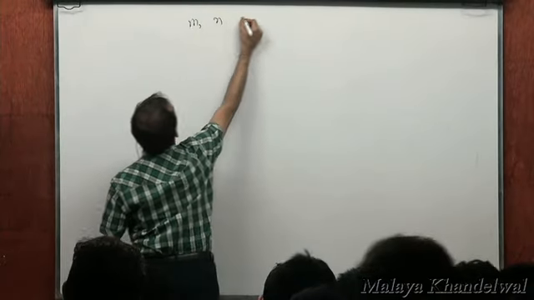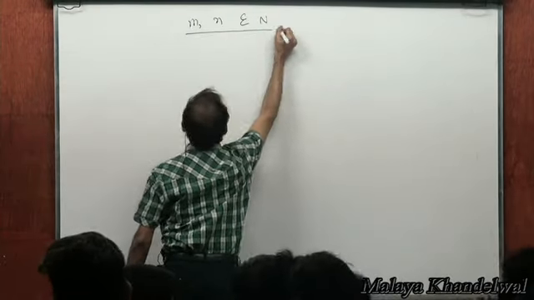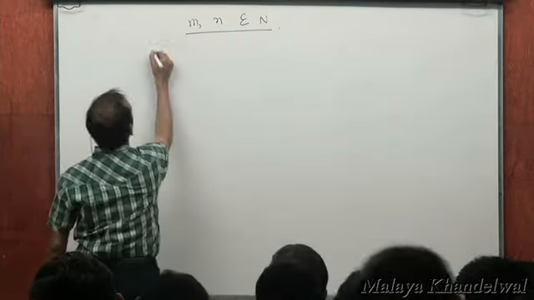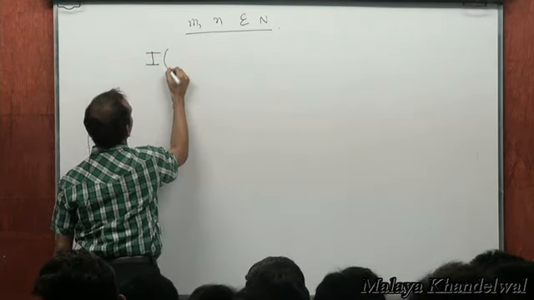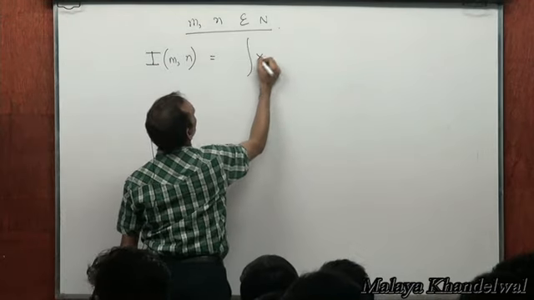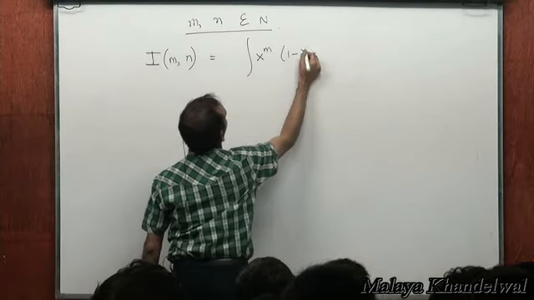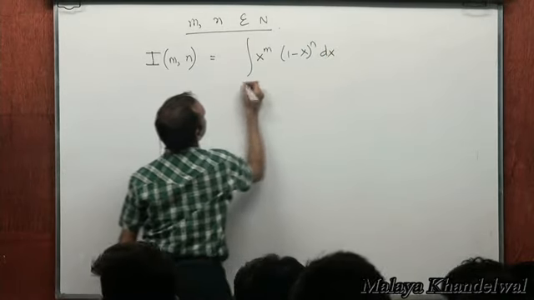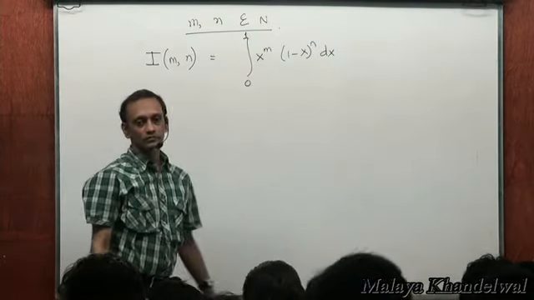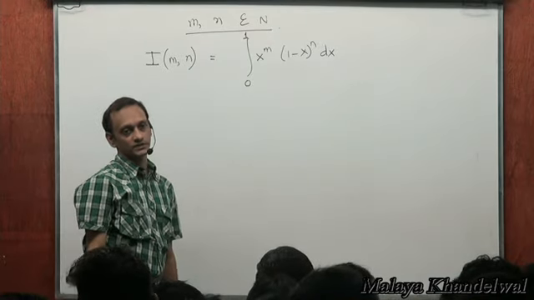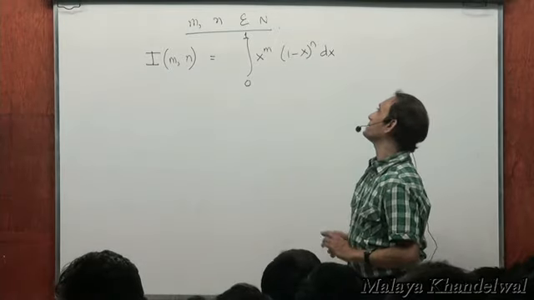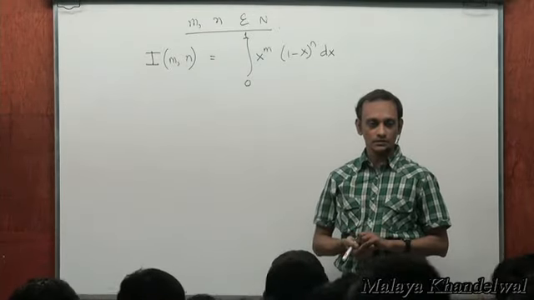M and n are natural numbers, and I want to be able to deal with an integral of the kind I m n, which is the integral of x to the power m times (1 minus x) to the power n dx, where x runs from 0 to 1.